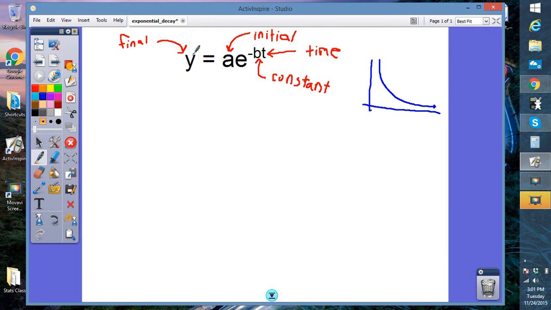If you have a half-life of 1,599 years, that's going to be our T in this problem, the amount of time it took for the material to decay in half. Because of that, we can call our initial quantity 1 and our final quantity 1/2.